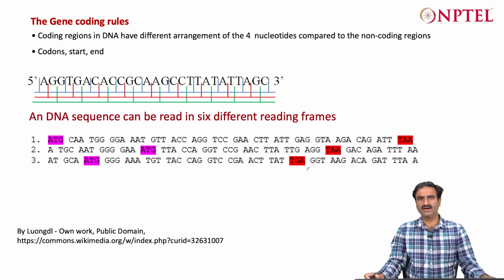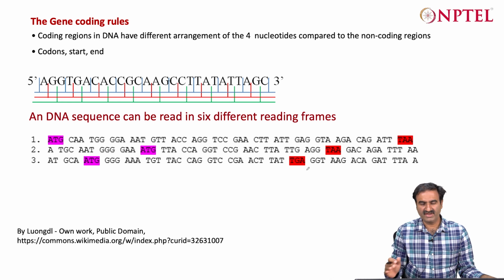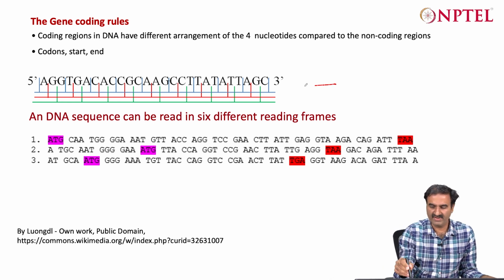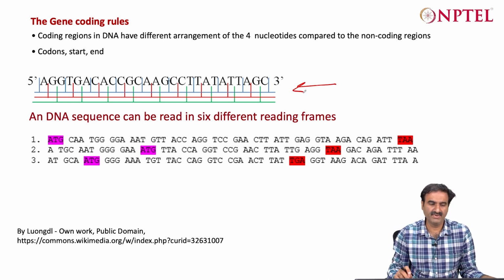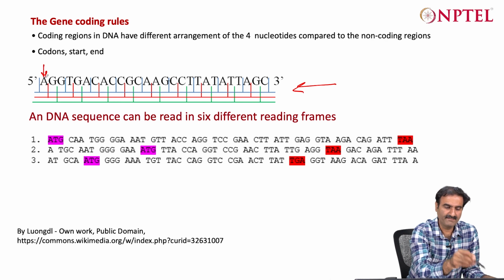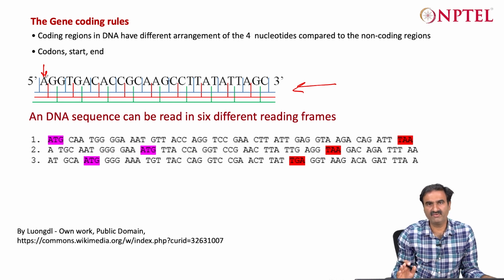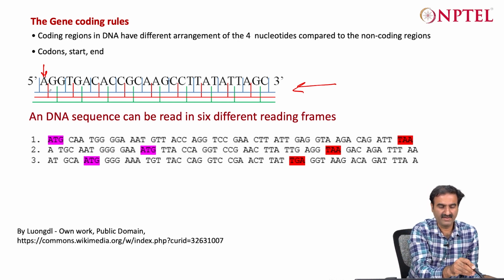Okay, if you see the DNA sequence that we are talking about, for example, we have a sequence here from 5' to 3'. I can start reading this sequence from A. If I am reading a codon, my first codon will be AGG, and then next will be GTG, or AGT, and TGA, and like this I will read.